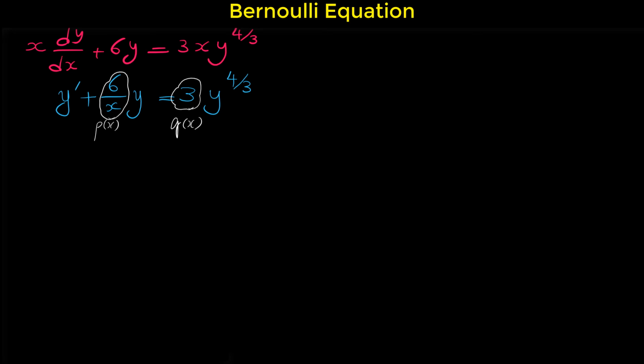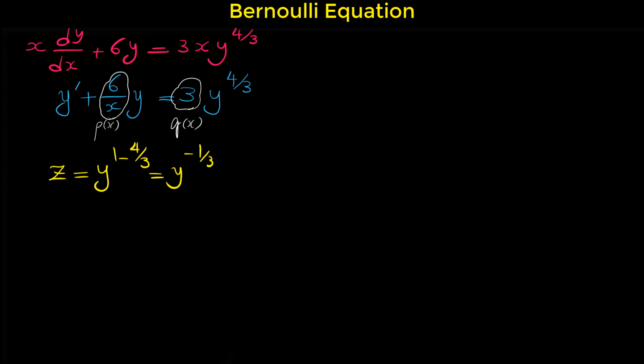With this substitution, z equals y to the power of 1 minus n, and note that n here is 4 over 3. So 1 minus 4 over 3, which is negative 1/3. We can convert this Bernoulli equation to a linear first order differential equation.